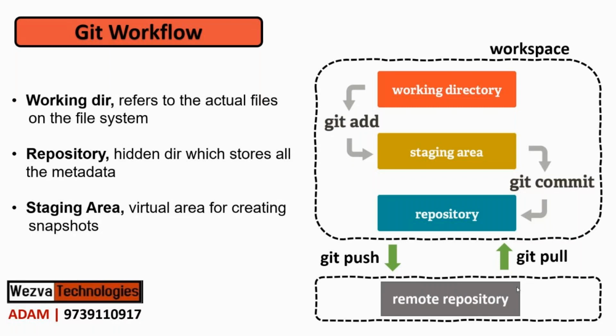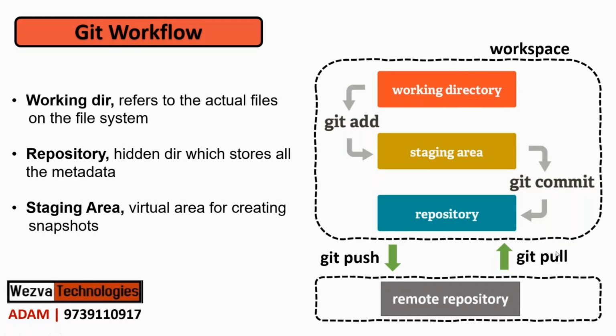The workflow is: the first time you create a workspace by doing a clone, modify everything, stage and commit. Whenever you want, you push that metadata from your local repository to the remote repository. And when your workspace is out of date and you want to sync with the latest content in the remote repository, you use git pull.